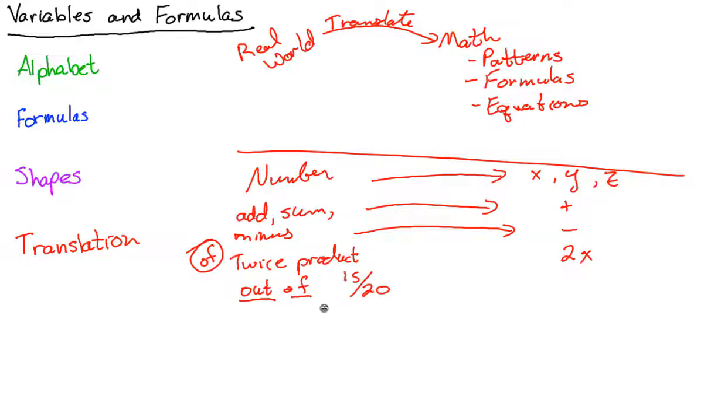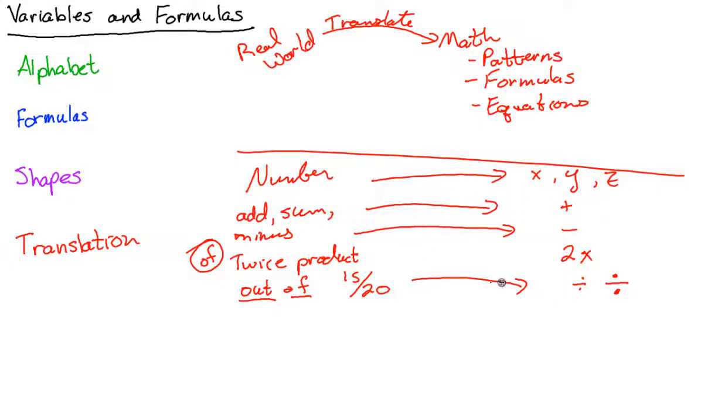So out of gives you a divide sign. Also here is the word quotient. So this will all go to divide. Notice that this is a fraction bar with a number on the top and a number on the bottom. That's where we get this divide sign from. So all of these are translations. There's like a language dictionary that will help all of these to come about.